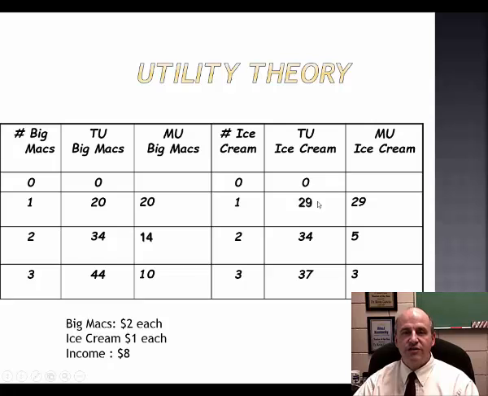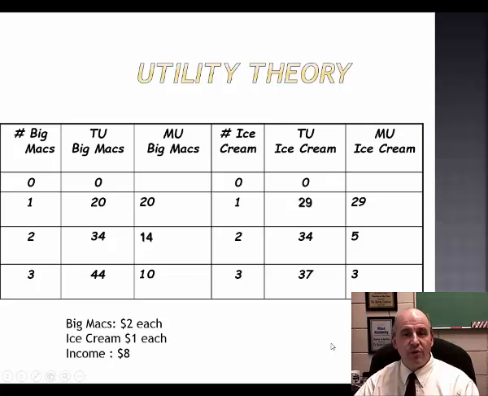The same goes for ice cream. My first ice cream gives me 29 units of satisfaction. The second ice cream cone isn't as good. It only gave me 5 units of satisfaction. And the third ice cream cone really doesn't do much for me at all. It only increased my utility by 3 units.